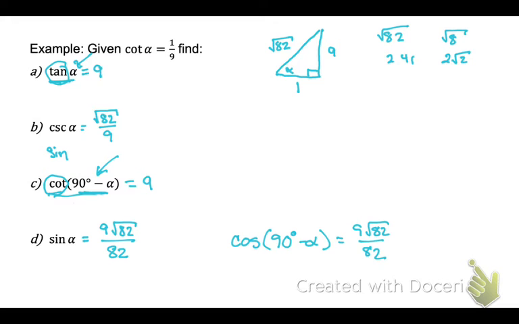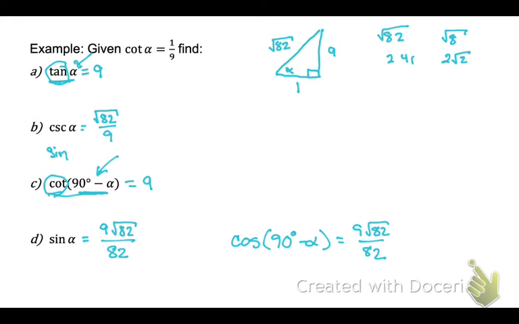We don't know what alpha actually is, it's just some arbitrary amount. So if it's 90 minus whatever, it's always going to be the same because they're complements and they're cofunctions.